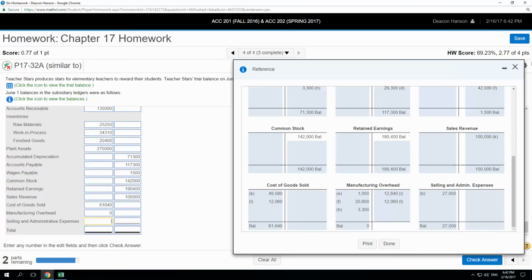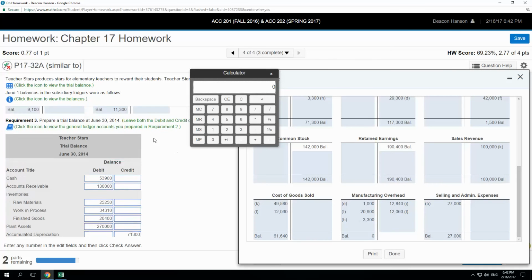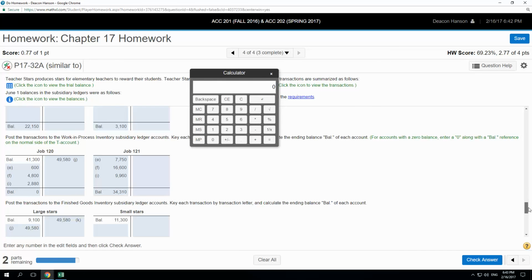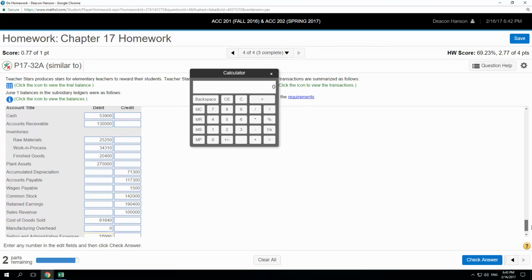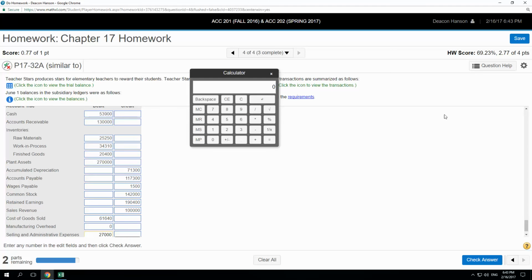Selling and administrative expenses are 27,000. Then we add them up, and don't proceed if you don't balance, right? So let's make sure we balance. Let's get this where we can see it. Okay, I'll start with the debit column.